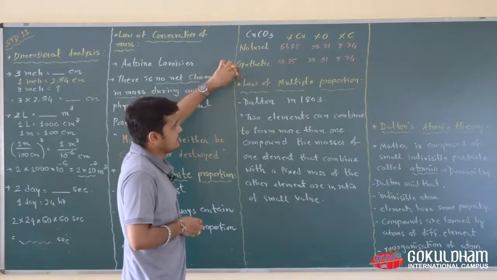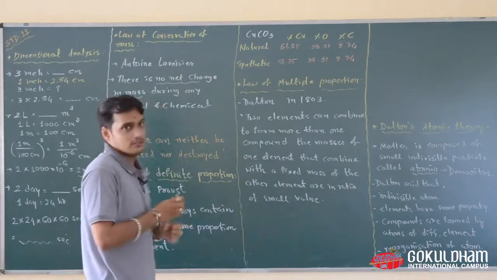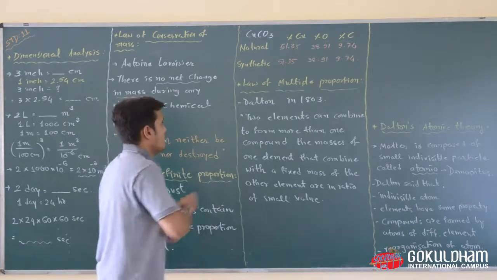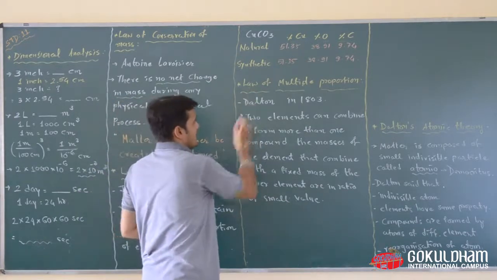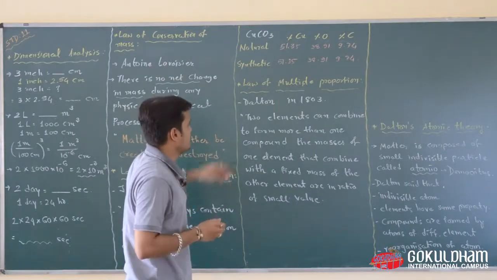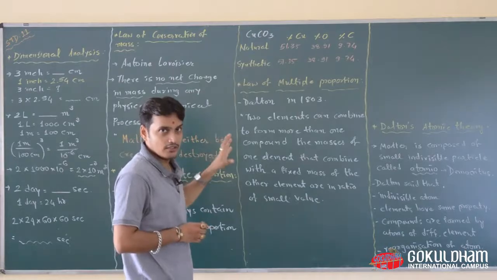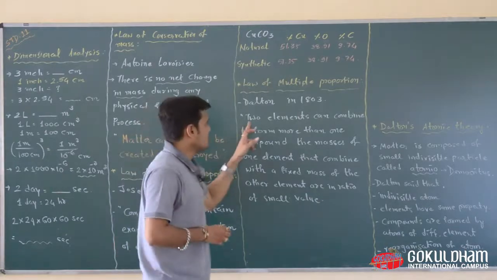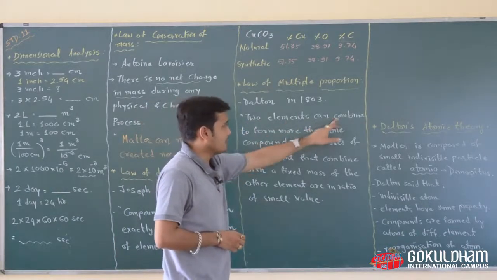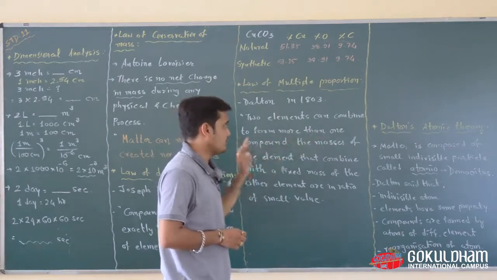Third law, and this is a very important law for your 11th standard. This law was given by Dalton in 1803. He said that two elements can combine to form more than one compound.